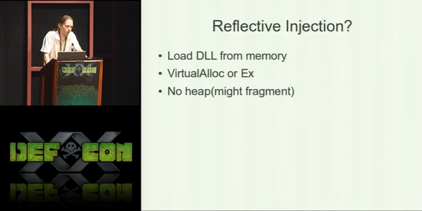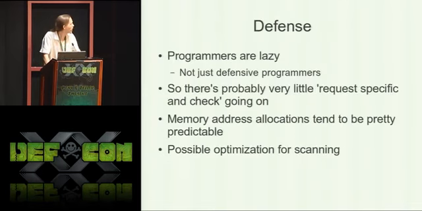So I think everybody knows what reflective injection is. You're just doing a huge allocation into memory, you're copying a DLL there, and then through whatever method you want, you're steering execution. Now, on the defensive side, programmers are lazy, yes, but it's not just defensive programmers, it's offensive programmers too.